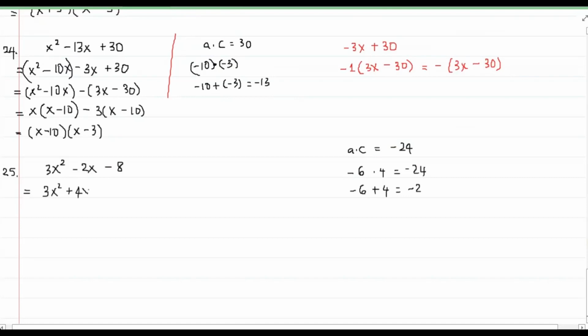plus 4x minus 6x minus 8. Okay, so group the first two. You have 3x squared plus 4x minus 6x minus 8.